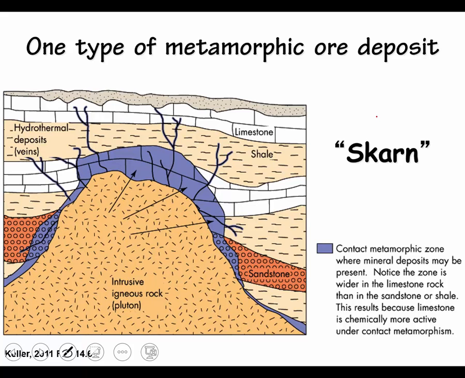If you think about metamorphic rocks, one type of metamorphic process is contact metamorphism. And contact metamorphism recrystallizes the country rock in that metamorphic aureole.